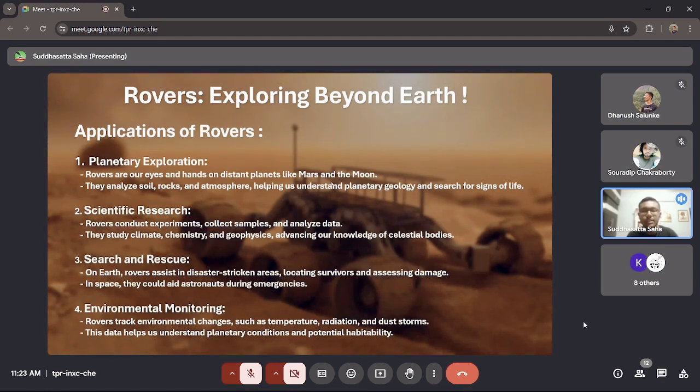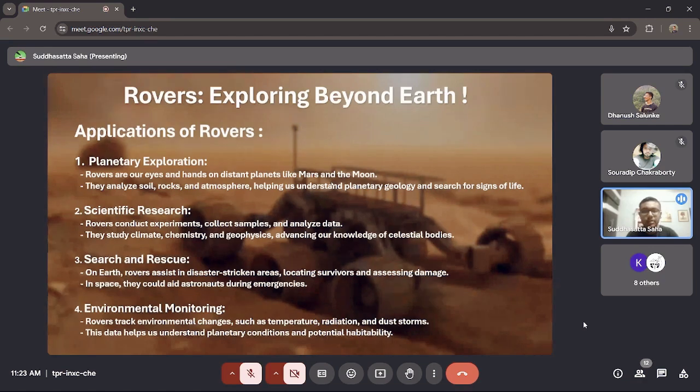So these sort of investigations require very good scientific instruments, and hence rovers are a medium of conducting scientific experiments on other planets where humans might find it difficult to do the same thing.